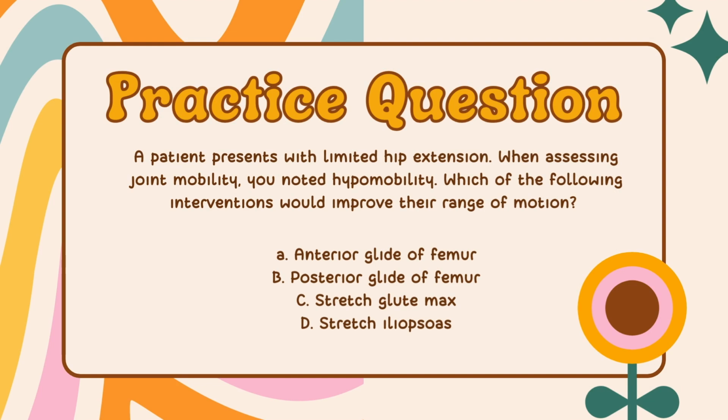Lastly, the practice question. So a patient presents with limited hip extension. When assessing joint mobility, you noted hypomobility. Which of the following interventions would improve their range of motion? A, anterior glide of the femur, B, posterior glide of the femur, C, stretch glute max, or D, stretch iliopsoas.